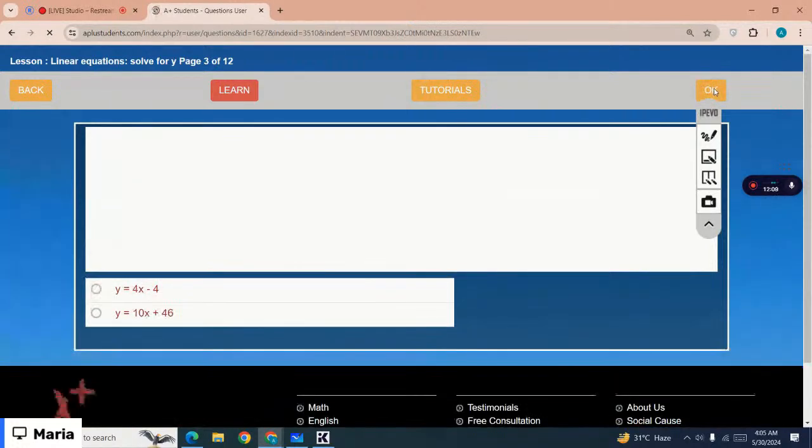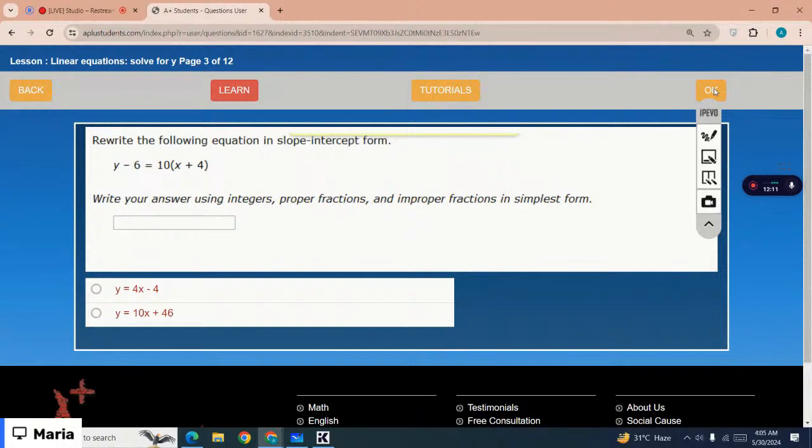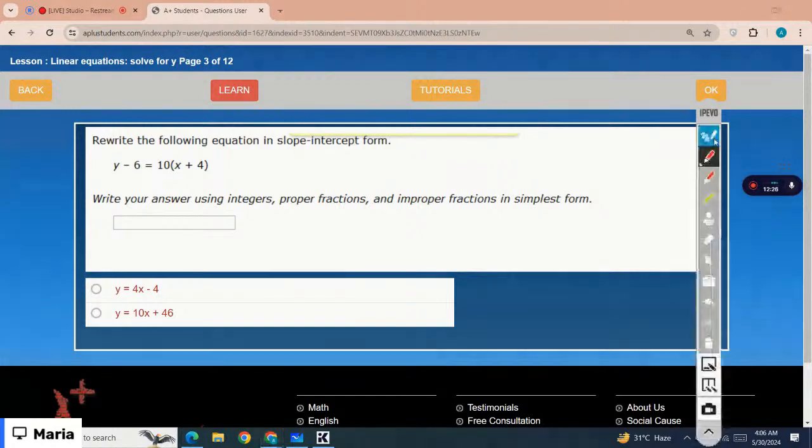The next one is rewrite the following equation in slope intercept form. y minus 6 equals 10 times x plus 4. So which is the correct option? Let's solve.